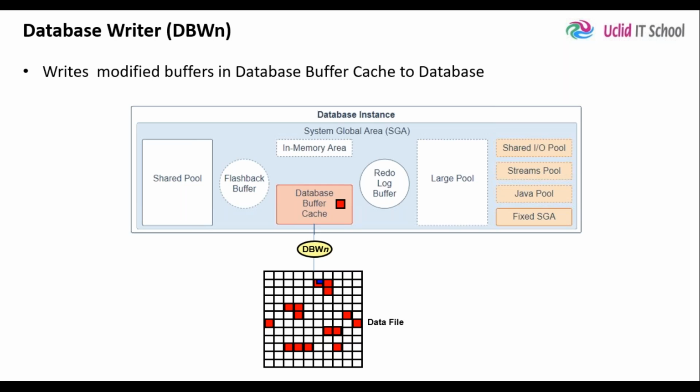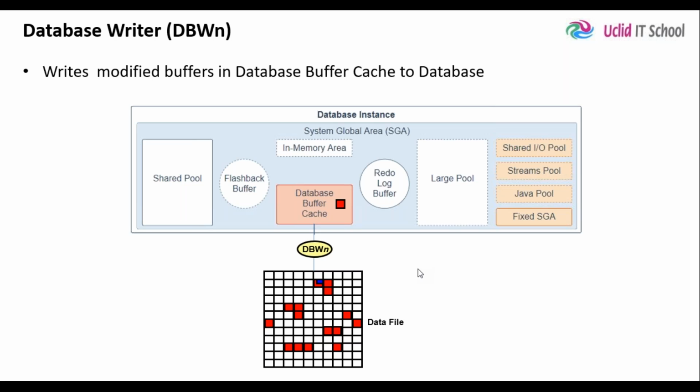In fact, you can configure multiple database writer background processes. The N represents the number of database writer processes. You can configure up to 100, so N can be 1 to 100: DBW1, DBW2, DBW3, up to DBW100.